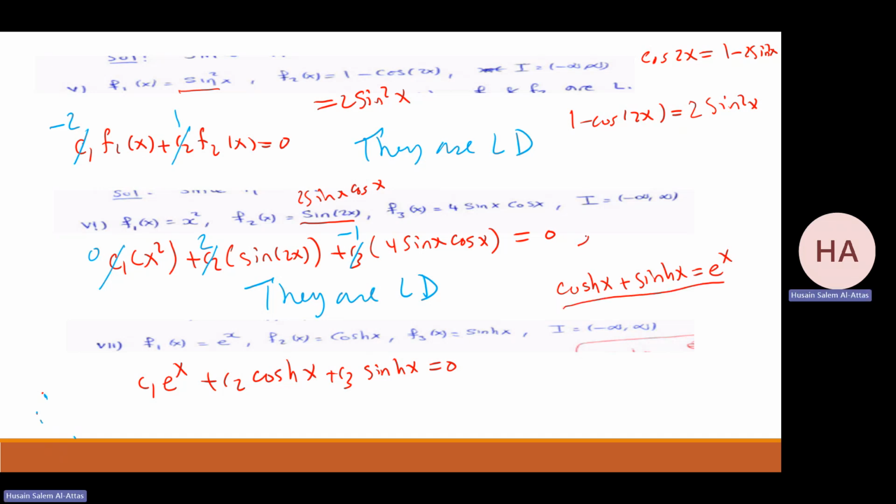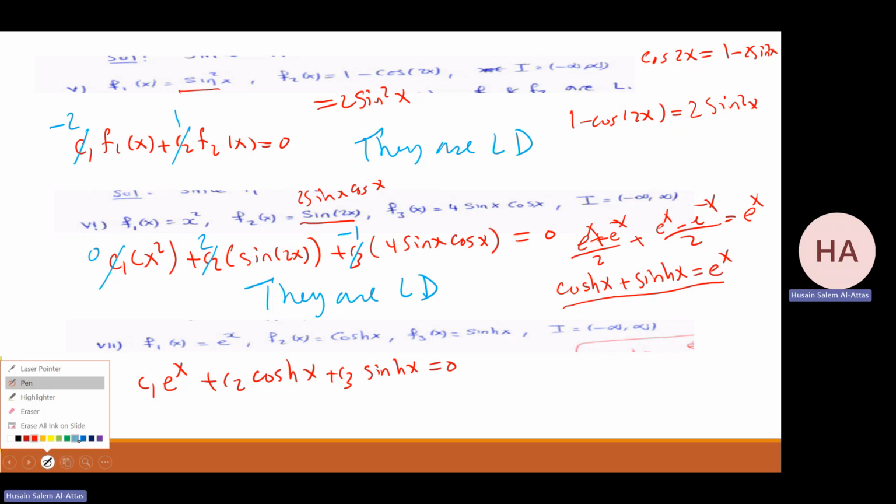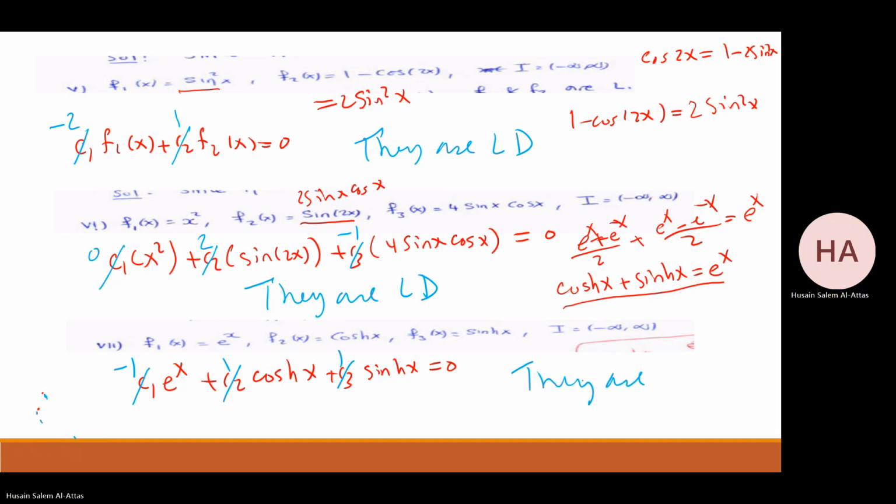Since this is e to the power x plus e to the power minus x over 2, and this is e to the power x minus e to the power minus x over 2, so that it will be e to the power x. Very easy to prove. So what I will do, I will take this to be 1, this to be 1. So I have cosine hyperbolic plus sine hyperbolic equals e to the power x, and take this minus 1. So for sure, they are linearly dependent.